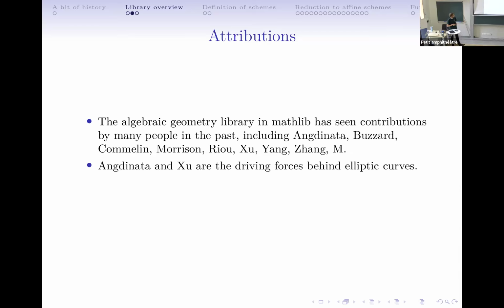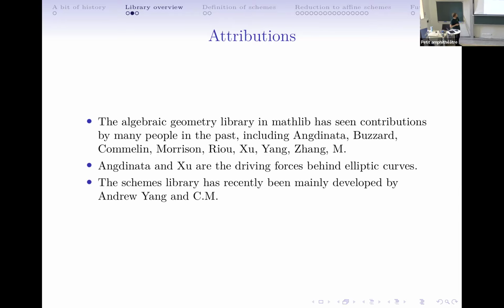And to point out one specific topic, elliptic curves, that I won't really treat here because I want to talk more about the theory of schemes: elliptic curves are mostly developed by David and Junian. And then the scheme library has really mostly been developed over the years by Andrew, and then recently also by myself.